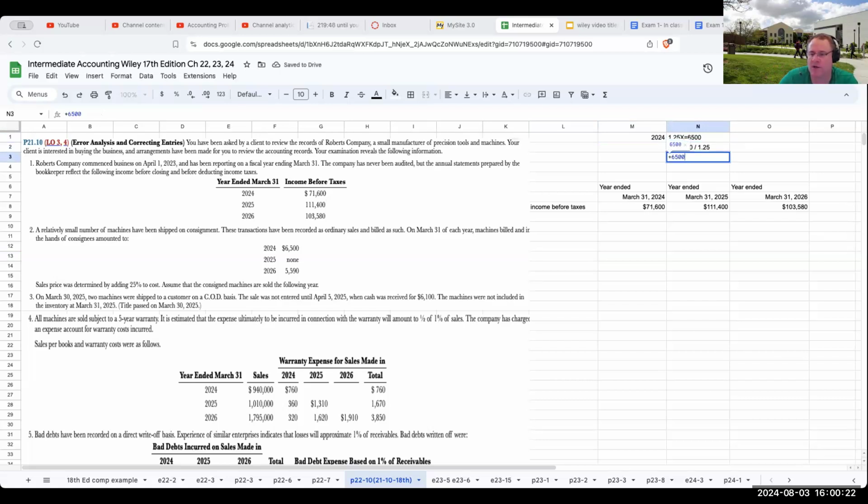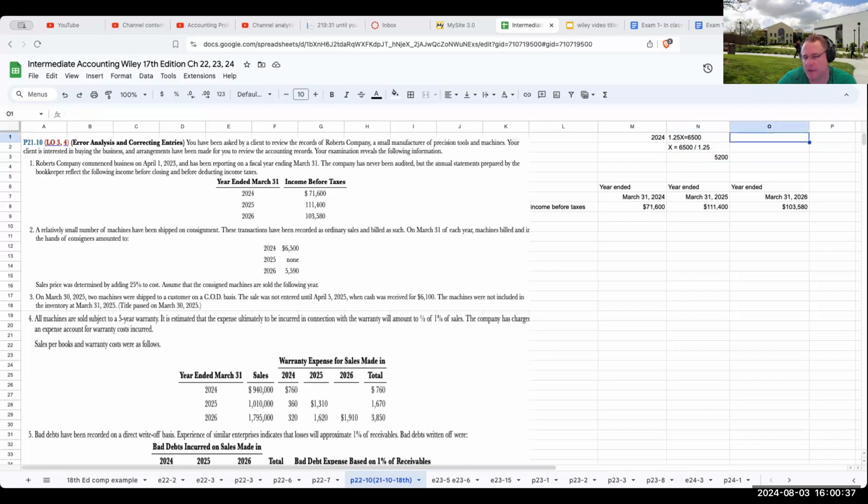And so over here, this is going to be 6,500 divided by 1.25, or a total of 5,200. So this was the cost.